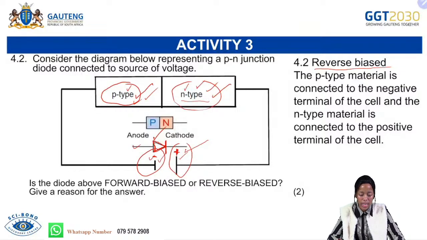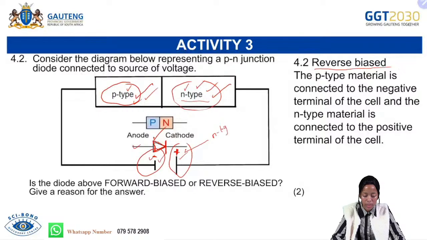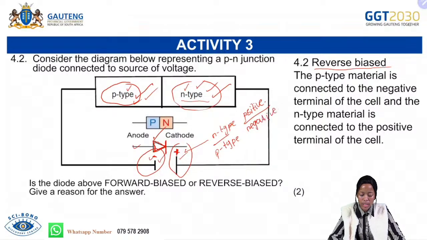With the reverse bias, the n-type is connected to the positive, and the p-type is connected to the negative terminal. But with a forward bias, the p-type is connected to the positive terminal and the n-type is connected to the negative terminal of the cell. So that is how you would answer this type of question.